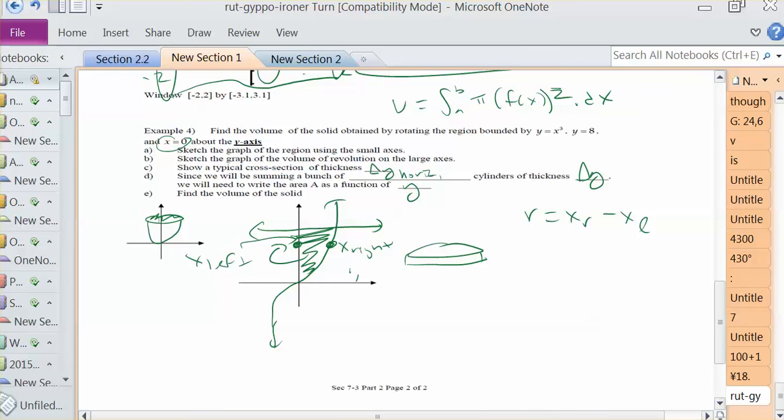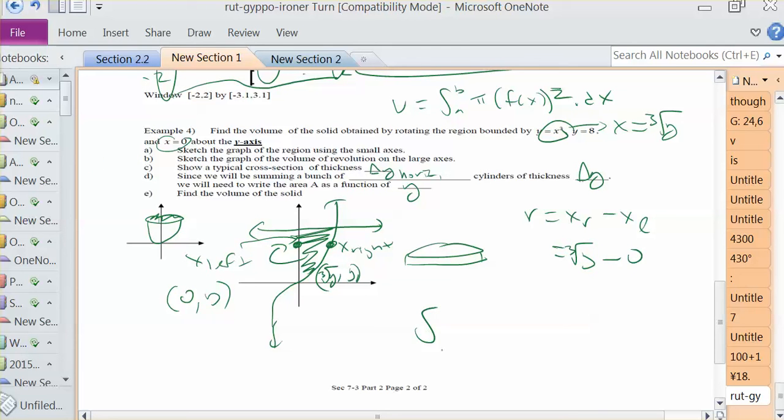Okay, the y values are the same. No wonder I'm confused. I've got to get x in terms of y. Cube root of y, there we go. So x right is the cube root of y, comma y, and x left is just x is 0, of course, and y is y. So our radius is just going to be cube root of y minus 0.